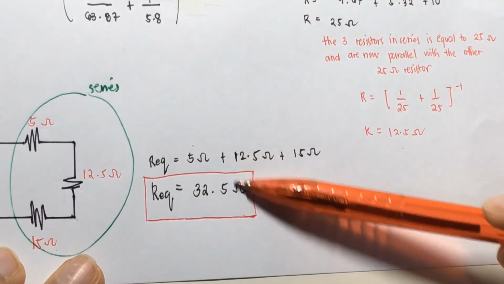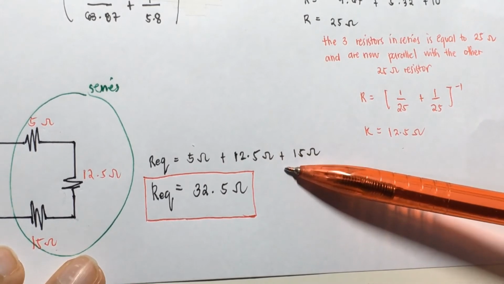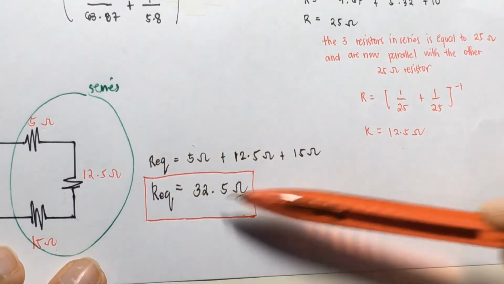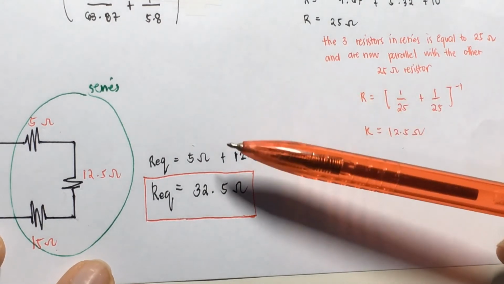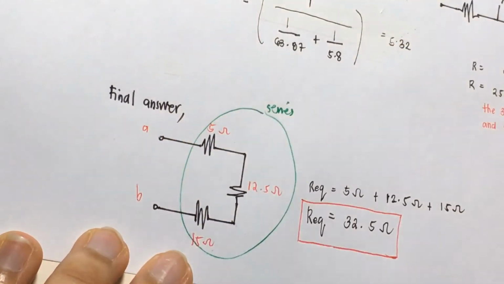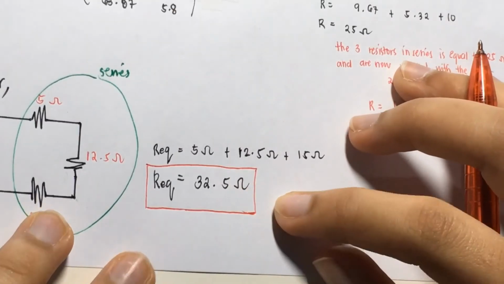So 5 ohms plus 12.5 ohms plus 15 ohms is equal to 32.5 ohms. So the equivalent resistance at terminals A and B is 32.5 ohms.